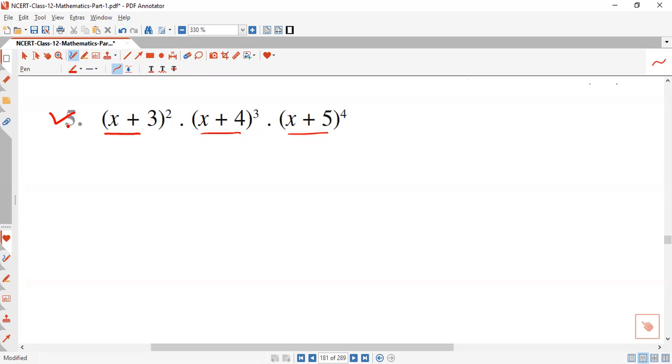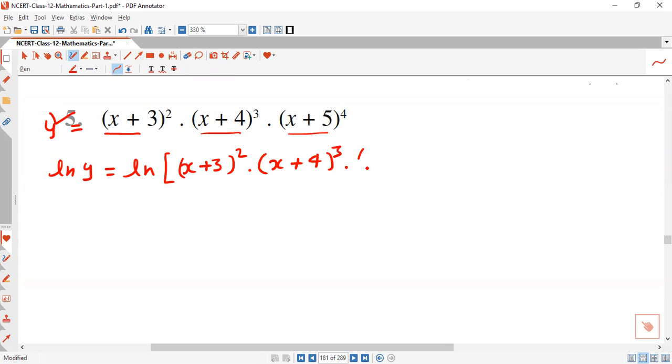I take y equal to this whole function. Taking log on both sides, we get log y equal to log of this whole function, x plus 3 squared into x plus 4 cubed into x plus 5 raised to 4. So now log y will be equal to what?